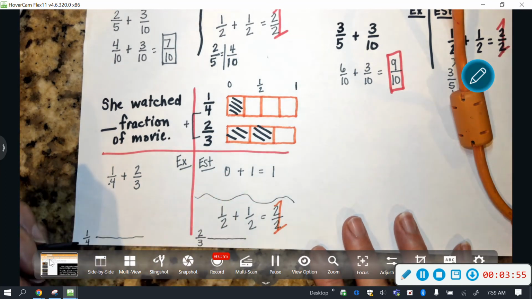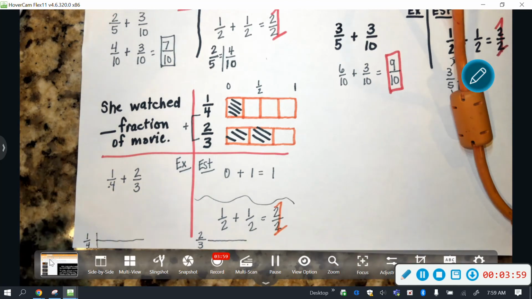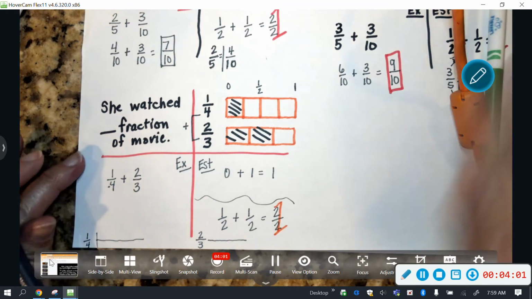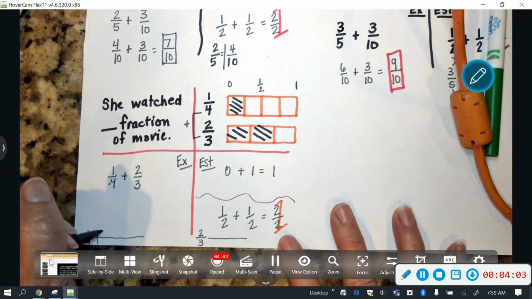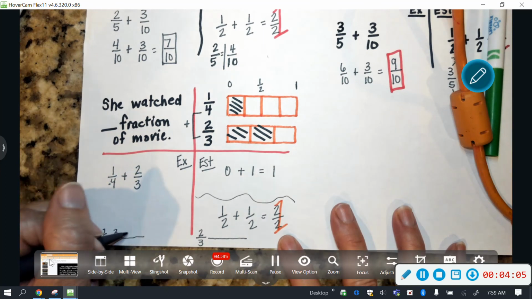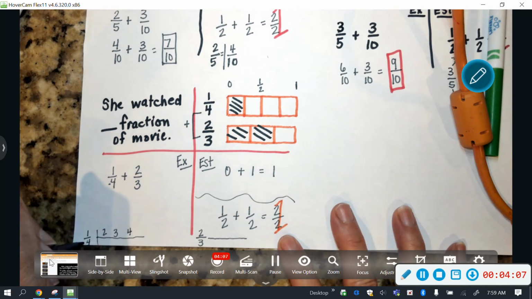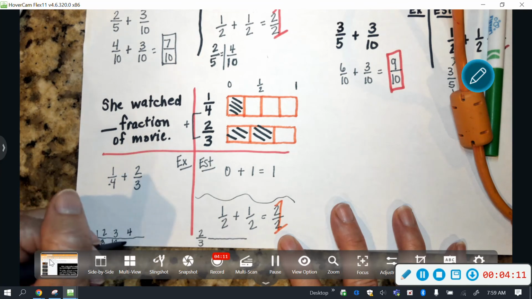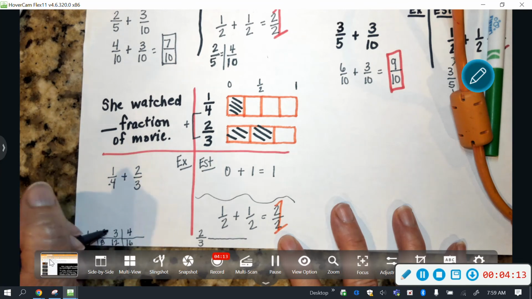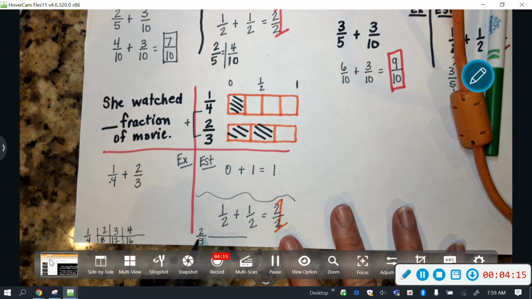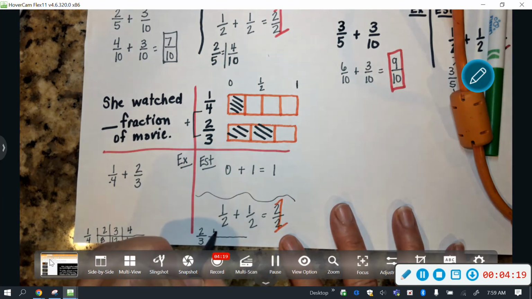And I'm going to be searching for common denominators. So if I have the fraction 1/4, I can count by 1s on the top, and I can count by 4s on the bottom. And if I go back and I look at 2/3, I can count by 2s on the top, and I can count by 3s on the bottom.